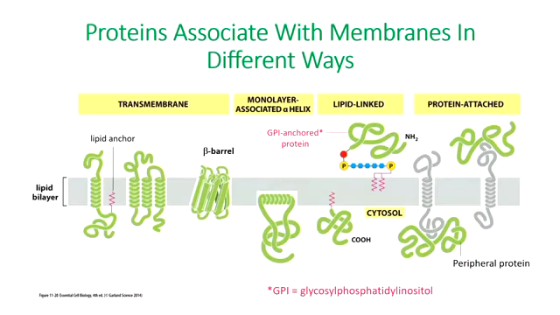Some proteins are only associated with one of the monolayers of the lipid bilayer, and it's usually, again, through an alpha helix here. It's kind of like it's turned sideways and stuck into the hydrophobic or nonpolar interior of the membrane, but only on one side. It doesn't penetrate all the way through.